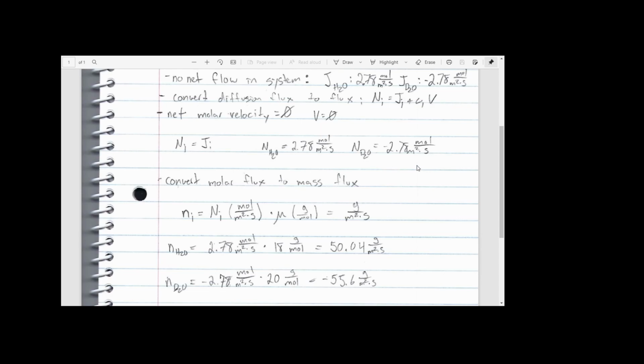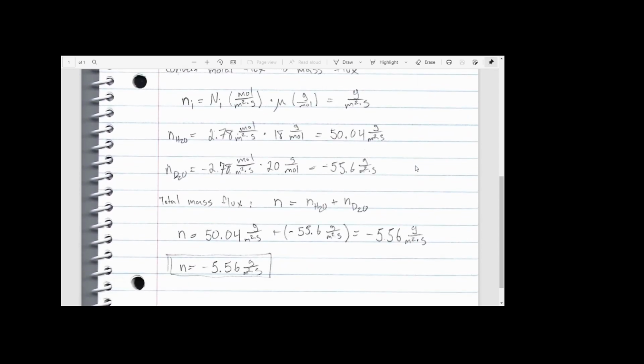Now we will convert the molar flux to mass flux. The mass flux is equal to the molar flux multiplied by the molecular weight. We plug in the molar diffusive flux of water and deuterium into this equation and multiply them by their respective molecular weights.